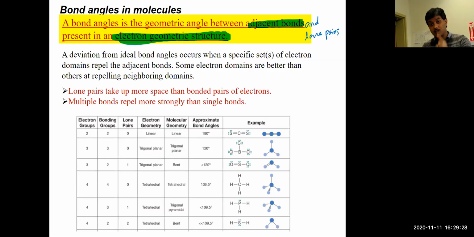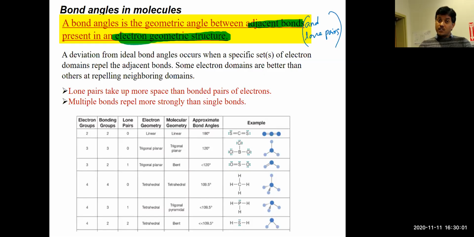The electron geometric structure is the only one that is going to give you the real answer about the bonds. I see why it says adjacent bonds, because you were only asked to identify the bond angle between bonds. But when you do that, you also have to consider lone pairs. Maybe put that in a bracket, because the presence of lone pairs will influence the bond angles between the adjacent bonds. I cannot stress this enough: people have this misconception that you can look at the molecular geometric structure and predict the bond angles.